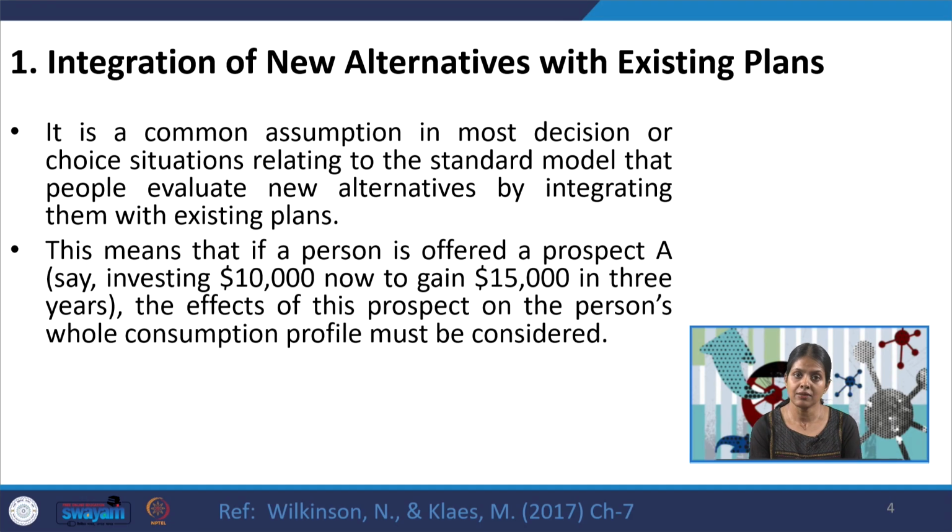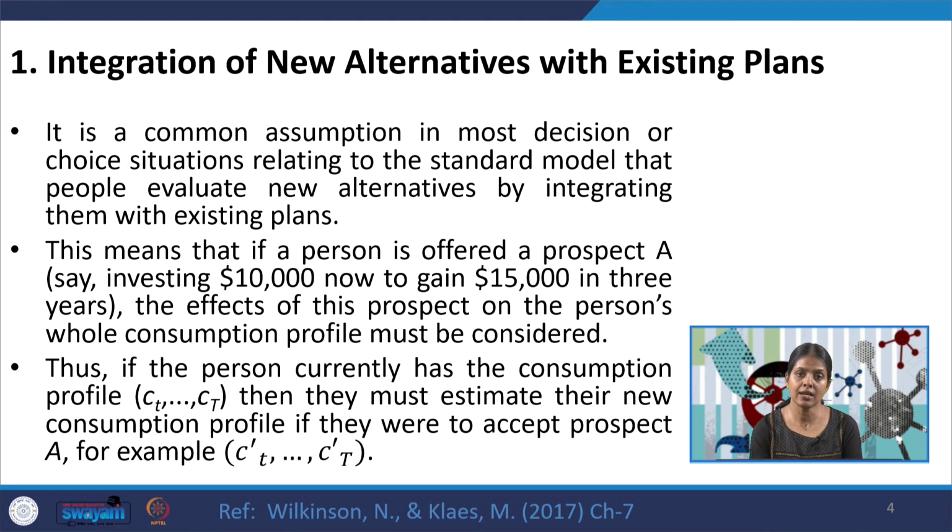So, this means that if a person is offered a prospect A, say investing $10,000 now to gain $15,000 in 3 years, the effects of this prospect on the person's whole consumption profile must be considered. Thus, if the person currently has the consumption profile, say Ct, from small t to capital T, then they must estimate their new consumption profile if they were to accept prospect A, for example Ct prime to C capital T prime.